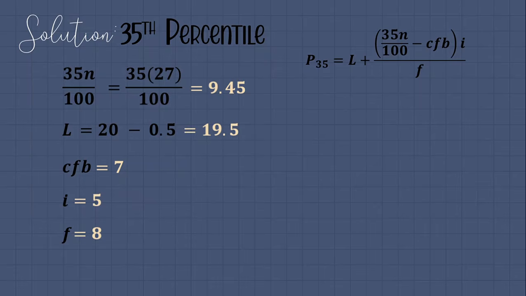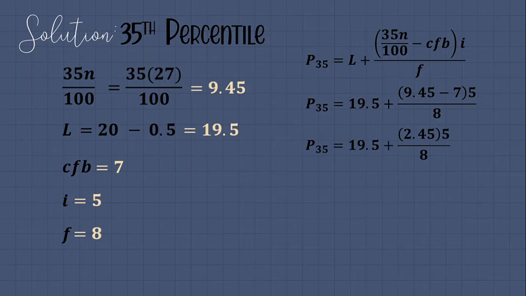We can now plug in the values to our given formula. Again, we have P sub 35 is equal to L, which is 19.5, plus 35n over 100, which is 9.45, minus CFB, which is 7, times 5 all over F, which is 8. So we have P sub 35 is equal to 19.5 plus 9.45 minus 7, that is 2.45, times 5 over 8. 2.45 times 5 is equal to 12.25.